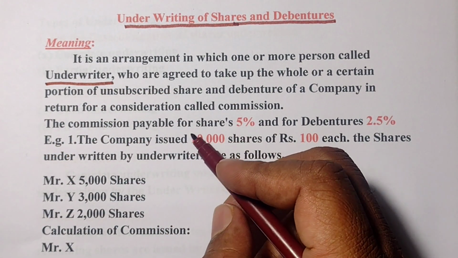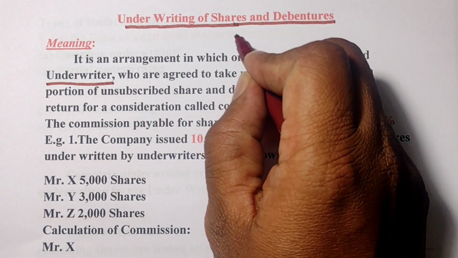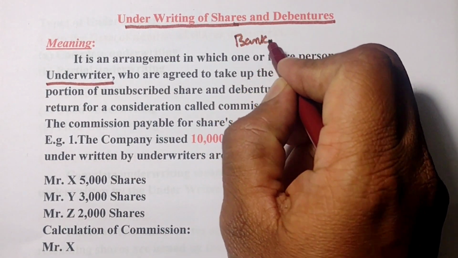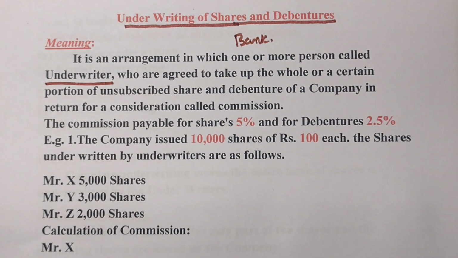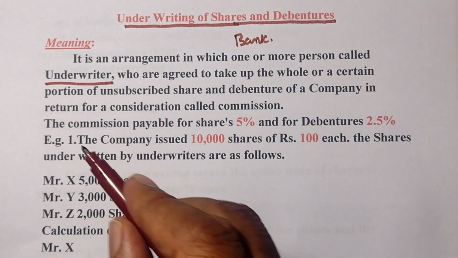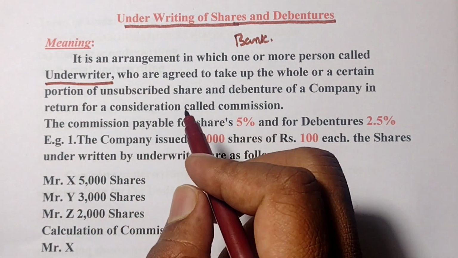For example, even banks will do this work on behalf of the company. The bank will try to sell the shares to the public, so the bank is also acting as one of the underwriters.